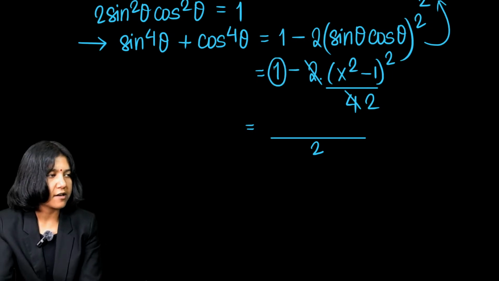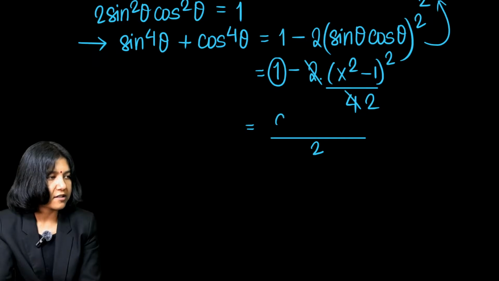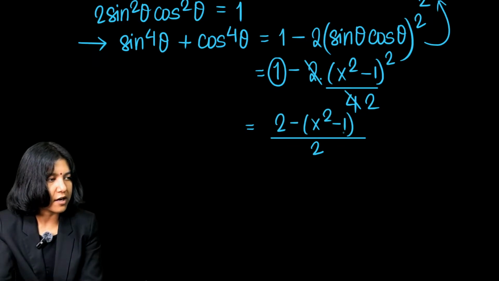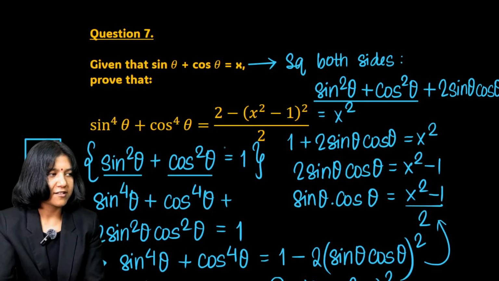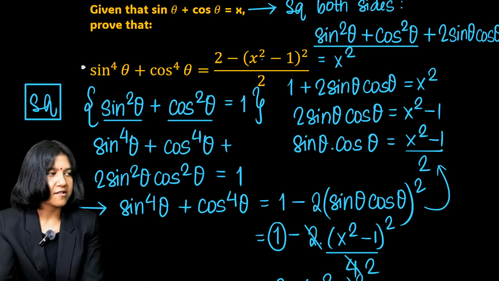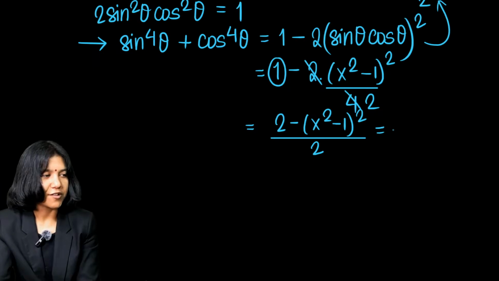So this 1 now becomes 2 upon 2, right? So I'm writing 2 instead of that, minus the bracket part, which is x square minus 1 the whole square. Is this what they want me to get? Of course it is. 2 minus x square minus 1 the whole square upon 2 equals RHS.